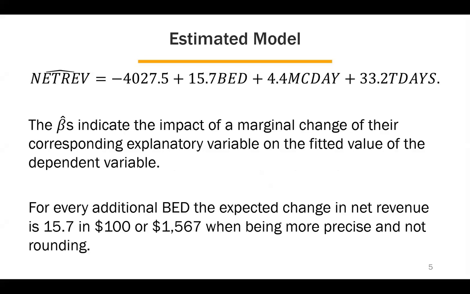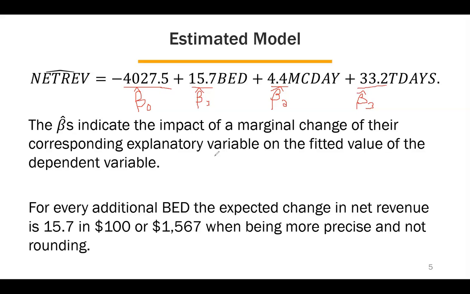All right, so again, we have the estimated model. I've abbreviated some of the things. These coefficients, I've rounded them just to get them to fit here a little better. But again, what are these? These are the beta hats, right? So this is beta hat naught. This would be beta hat 1, beta hat 2, and beta hat 3. Well, what do they tell us? They tell us the impact of a marginal change, so just a 1 unit change, if you will, in their corresponding variable.